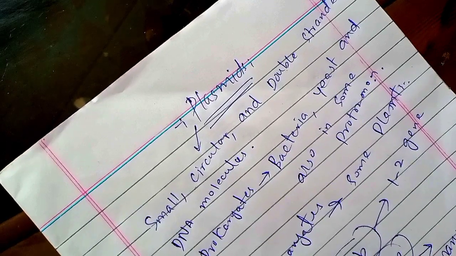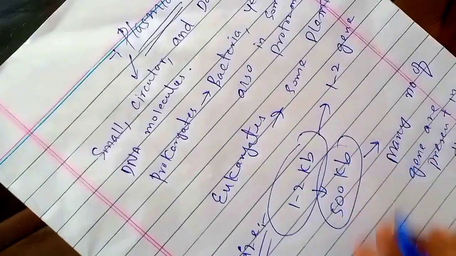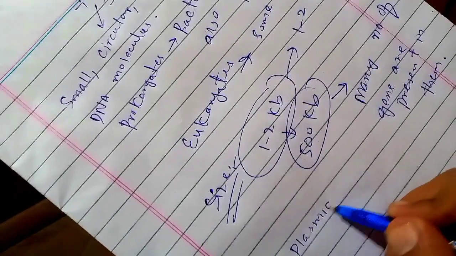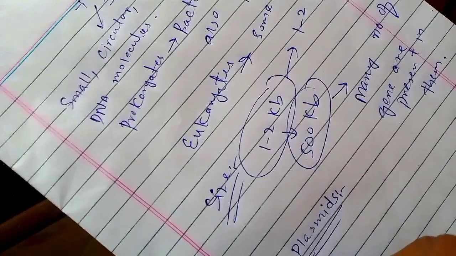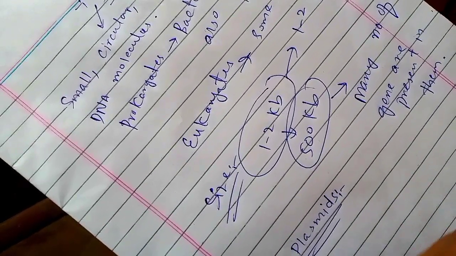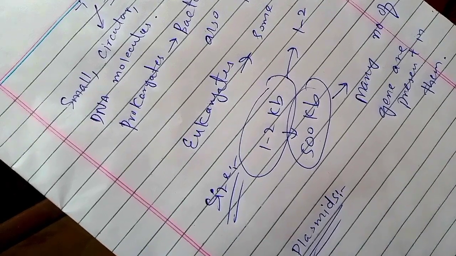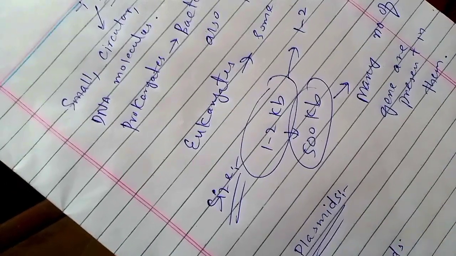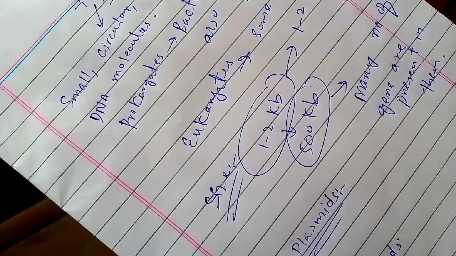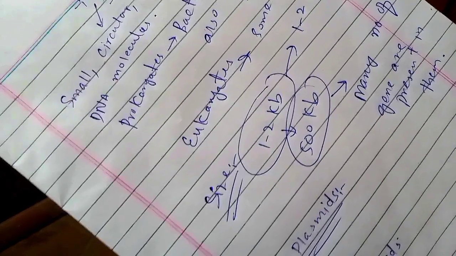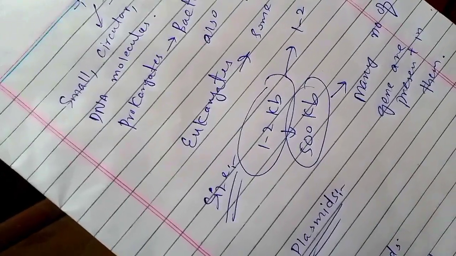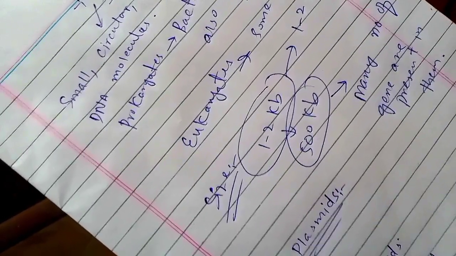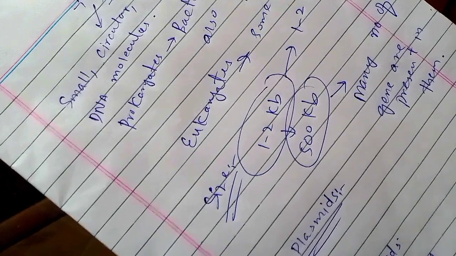Now we will discuss plasmids on the basis of copy number. There are two types of plasmids on the basis of number. One is called low copy number plasmid, also known as stringent copy number plasmid, in which only 1 to 2 plasmids are present in a cell.